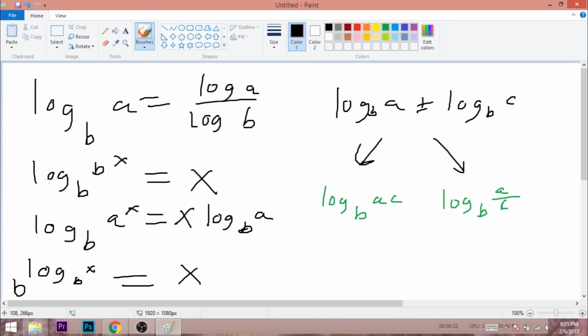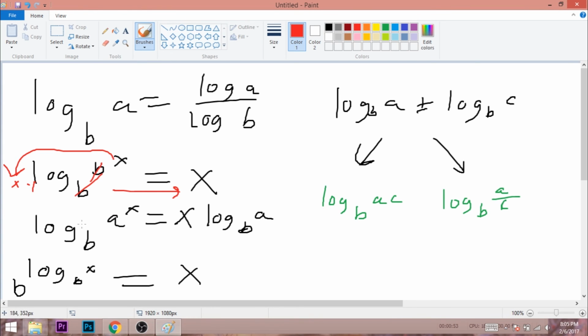You also want to remember that if you were to have log base b of b to the x power, it'd be the same as x, since these two would cancel out, right? And in this situation, since the x is over here, you could also move it over here, and it'd be essentially just x times 1, which is also equal to x, right? Same thing as this.